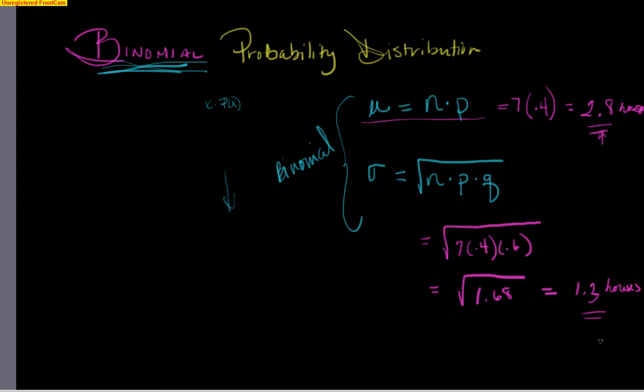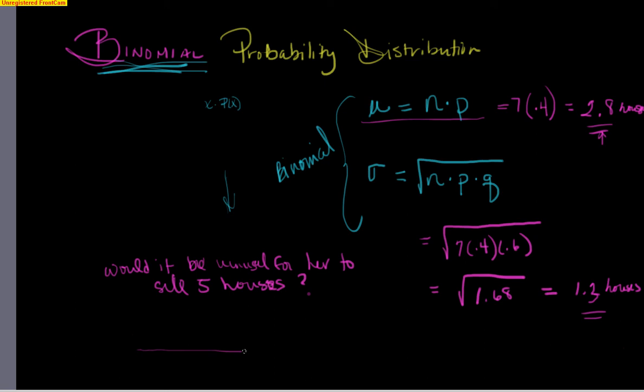All right. And then this really ties back into what we learned in the past. Would it be unusual for her to sell 5 houses? And remember, things got unusual when they were 2 standard deviations outside of the mean.